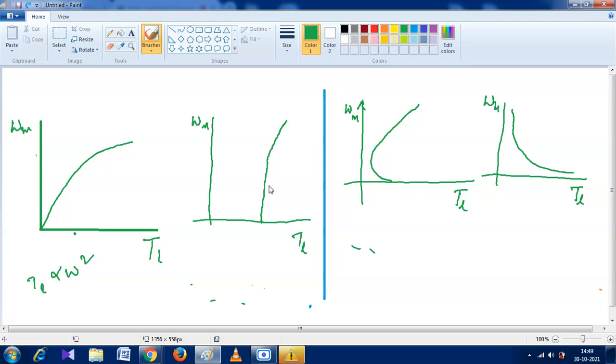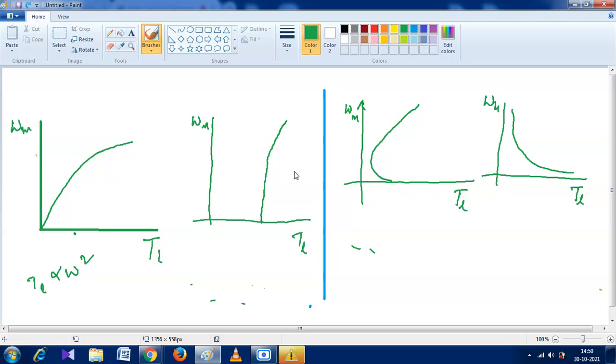That means when the speed is very low, tending to zero, there is no other type of friction present. So at that time this is basically independent of speed. After increasing the speed, the torque is dependent on speed.